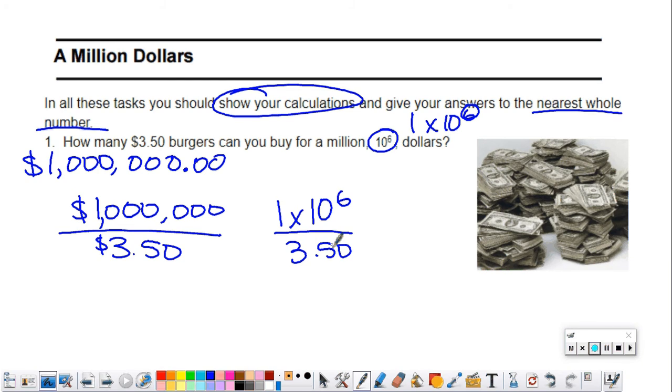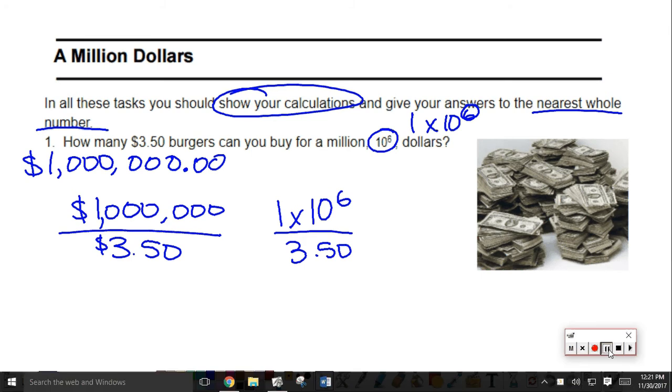And then 6, and then you're going to press the arrow to the right to get out of that exponent level. It's going to bring you back down to the base level. Does that make sense? And then close parentheses. Now we're going to divide that by 350. And it's going to give you a value.